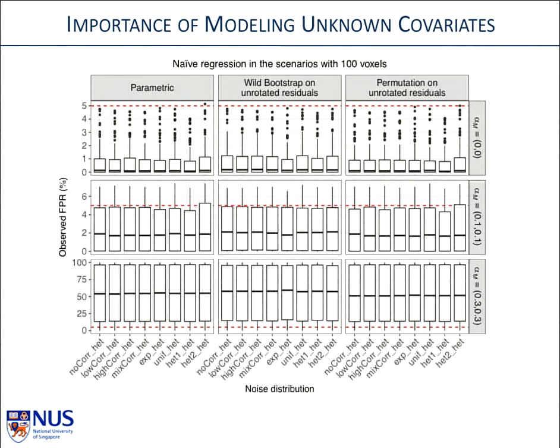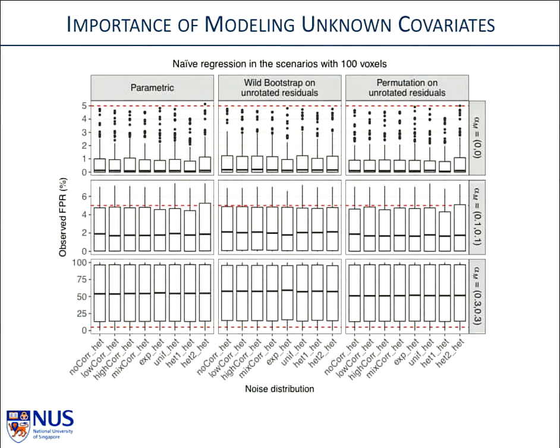But once the correlation between the confounding factors and the variables we are interested in becomes larger and larger, from 0.1 to 0.3, you can see that none of these approaches, regardless of whether parametric or non-parametric, works, and your false discovery rate is just going to be really killing.